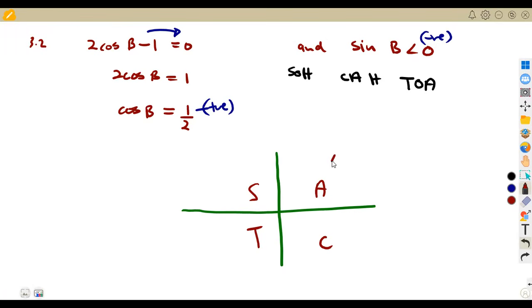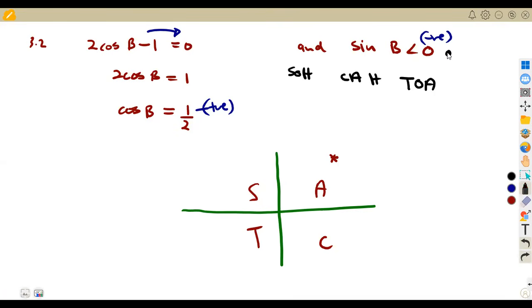In the first quadrant, both are positive. In the fourth quadrant, this is the quadrant for cos. If cos is positive here, it means sine is negative. The second quadrant is for sine, where sine is positive and cos is negative.